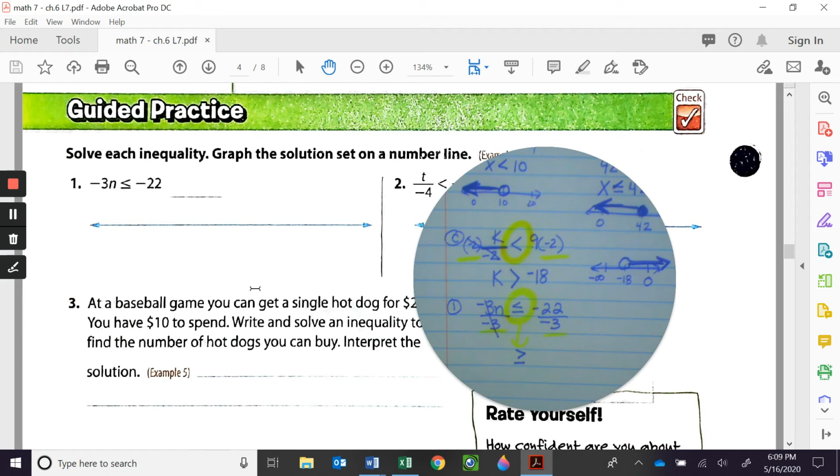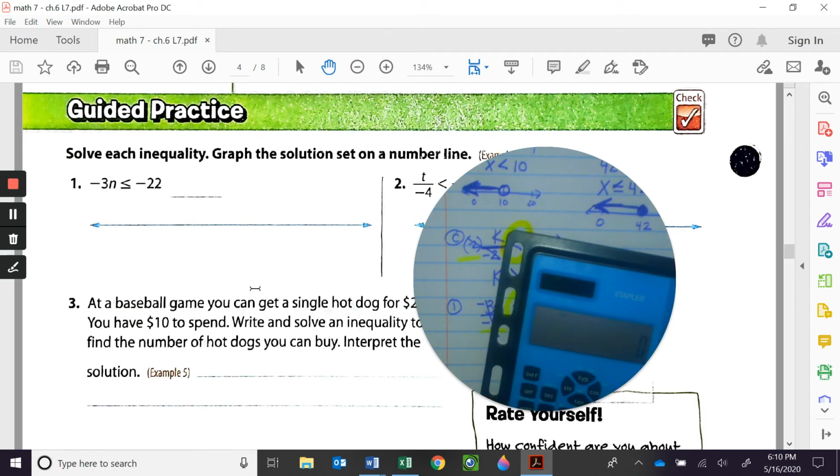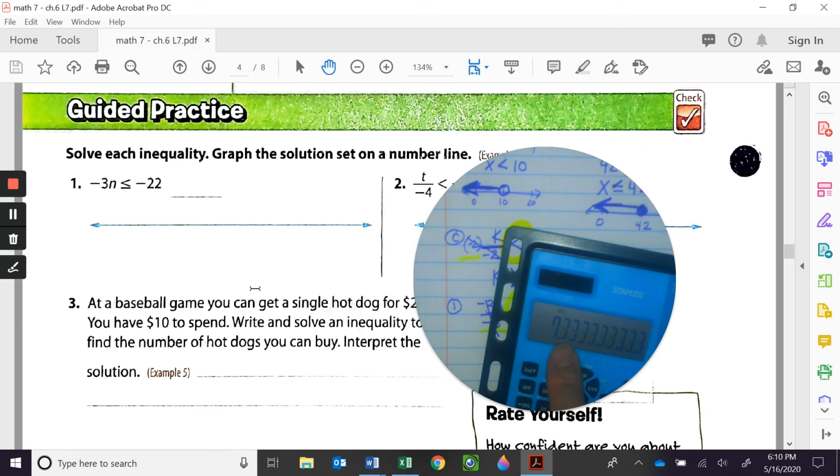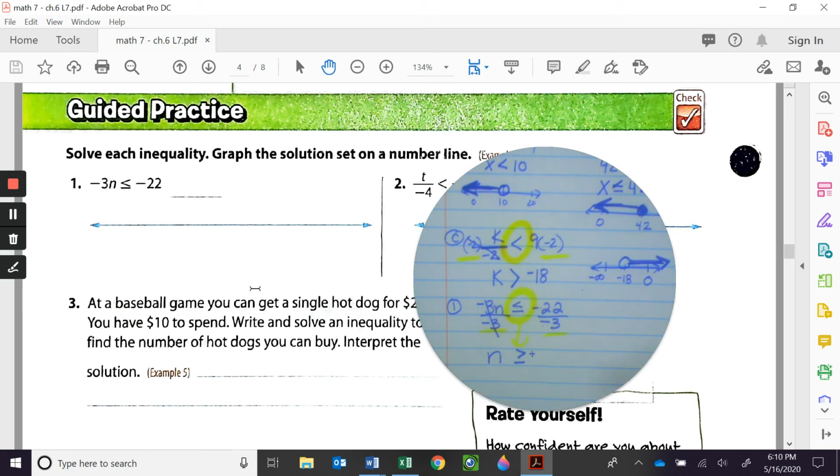My negative 3's go away here, leaving me with n. A negative divided by a negative is a positive, and 22 divided by 3, now that's not a very nice number. 22 divided by 3 is 7.33333. Okay, so 7.3-ish, repeating.